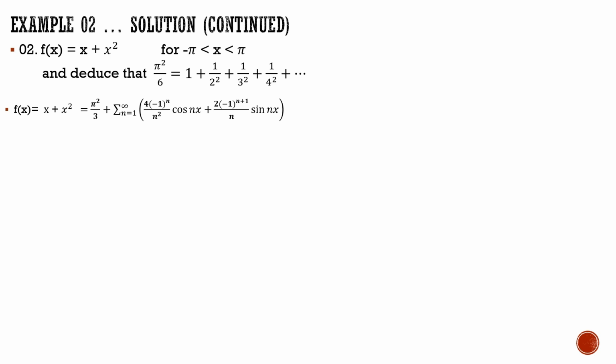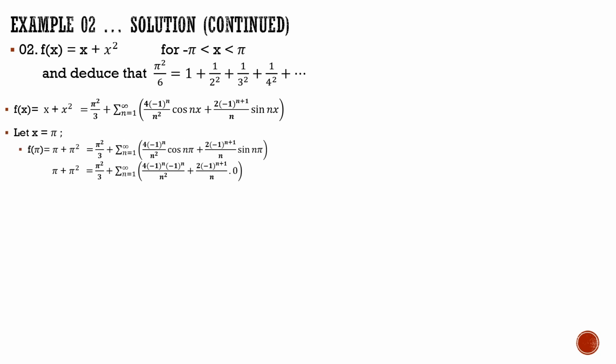For that, let's substitute x equals 5 in the Fourier series of f(x) equals x plus x squared. We get 5 plus 5 squared equals 5 squared over 3 plus 4 times the sum from n equals 1 to infinity of 1 over n squared.